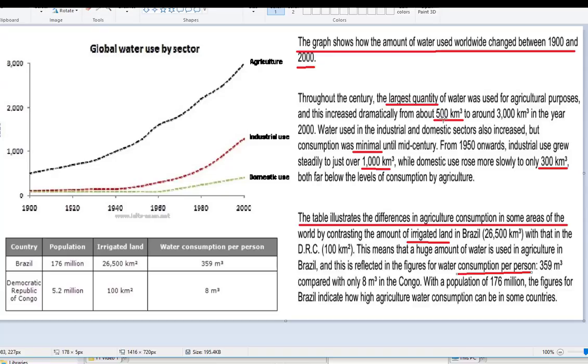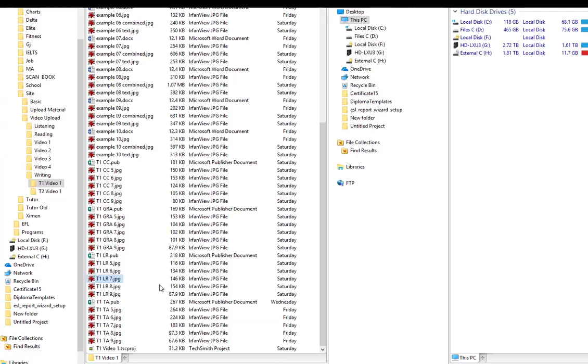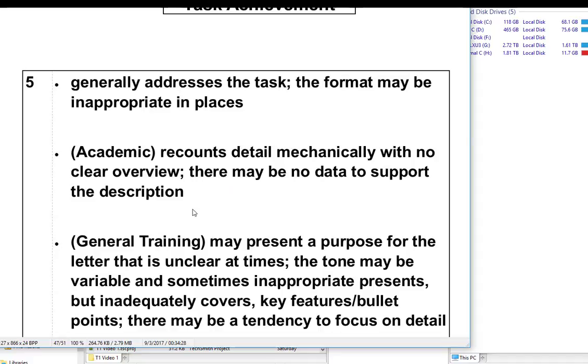This date is missing, and this number, minimal, the word minimal, this description has no data. And that can be a problem because there may be no data to support the description. Now here, it only happened twice that no data was given.